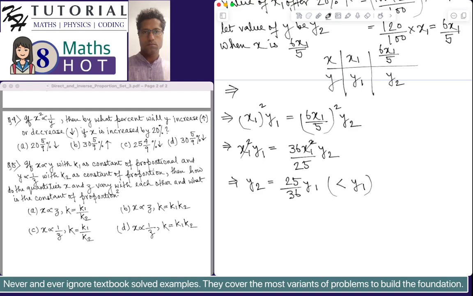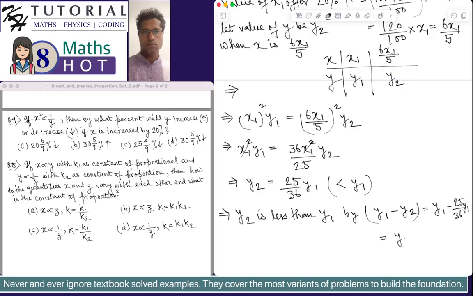Okay. So we can say that y2 is less than y1. By how much? By y1 minus y2, which is equal to y1 minus 25 by 36 y1.